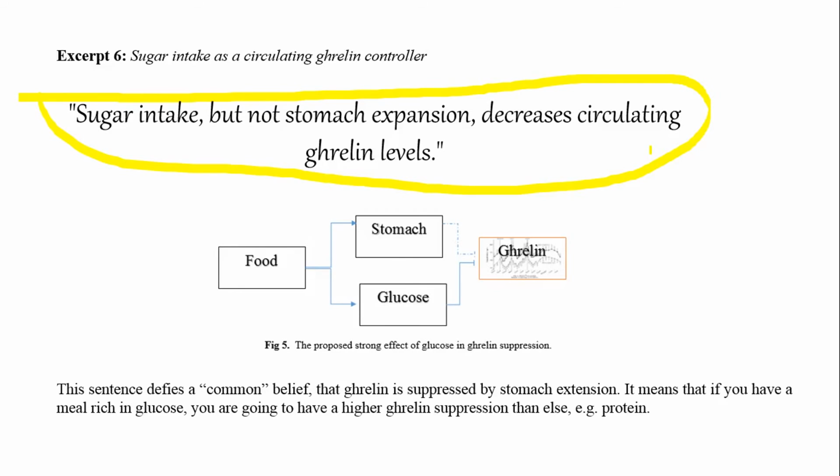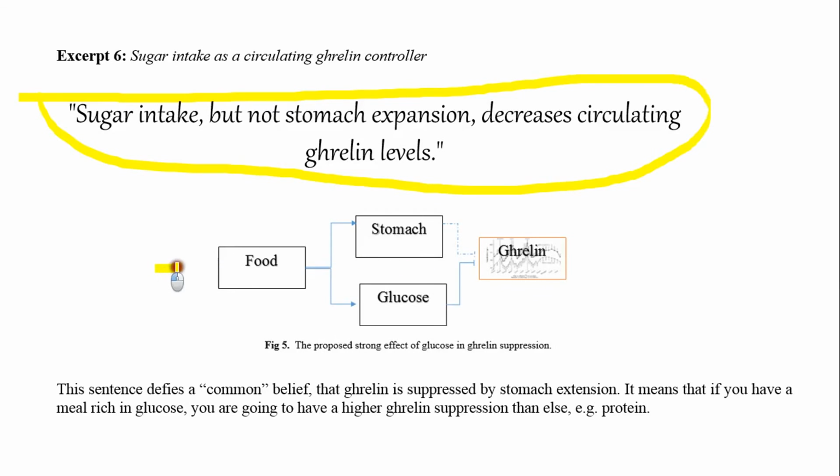That's why I created my first mathematical model for ghrelin. I put a parameter called alpha that you can change between 0 and 1, so you can give them different proportions. But here this sentence says that stomach expansion is not the most important one.